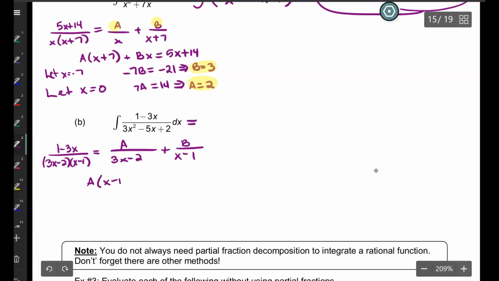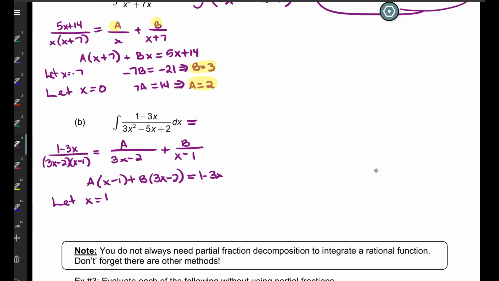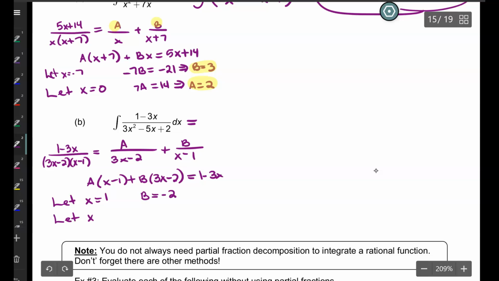So A times x minus 1 plus B times 3x minus 2 equals 1 minus 3x. When x equals 1, right, so that's going to be B equals negative 2. And then when we let x equal 2/3, we're going to get A equals 3.